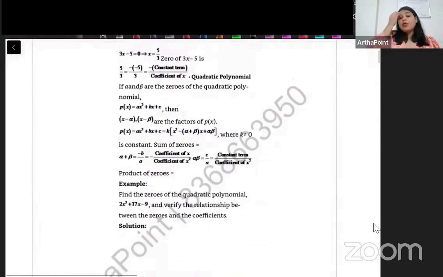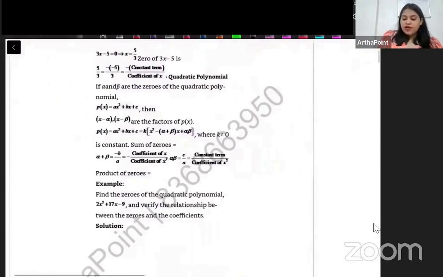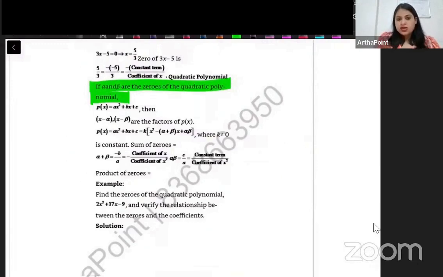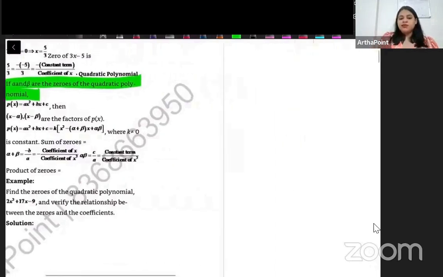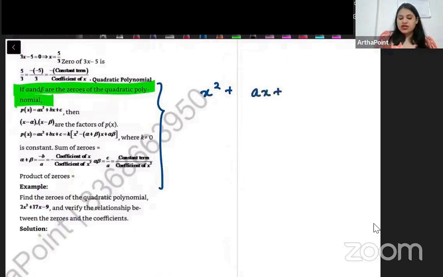Okay. Now let's talk about the relationship for quadratics. So if you have alpha and beta as zeros of the polynomial, then beta, we have two rules that you have to remember. The first rule. Let's write in the general format.